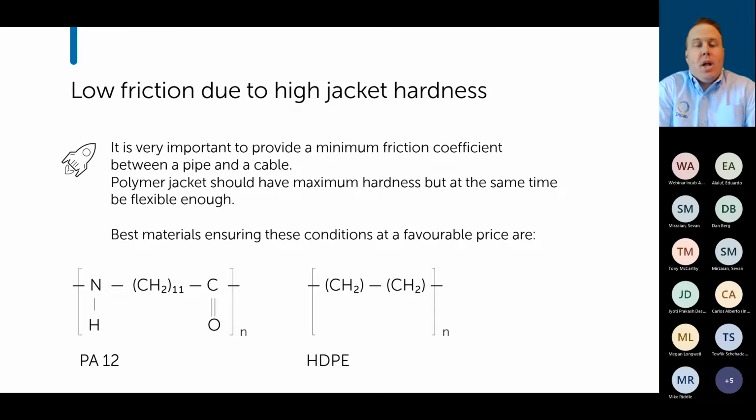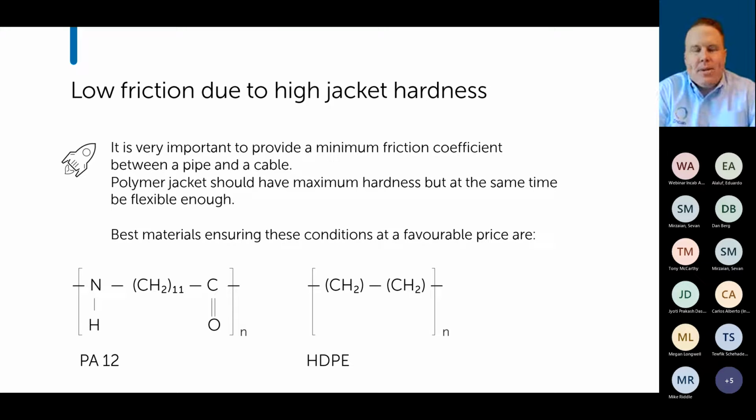So we mentioned in blowing, the great thing about it is we lower the friction between the cable and the inside of the duct bank. What we can also do, and what we do in the design of the jacketing, is we can use different material that's going to try to lower our minimum friction coefficient as much as possible.